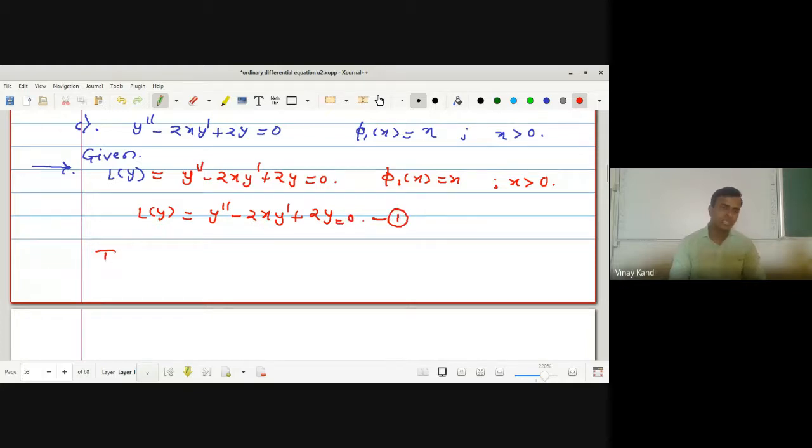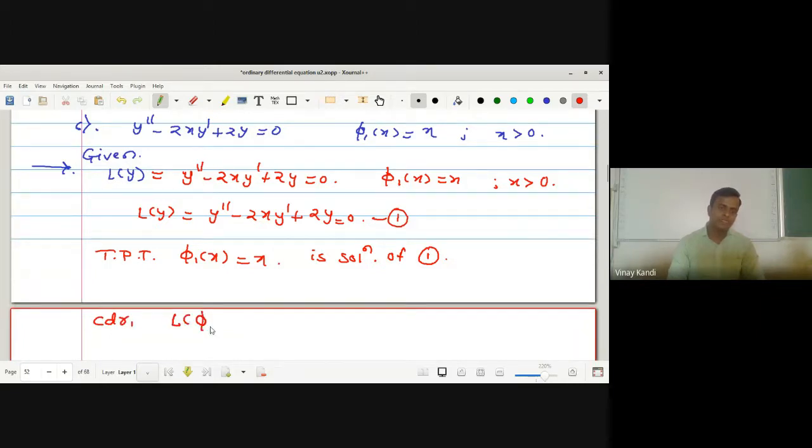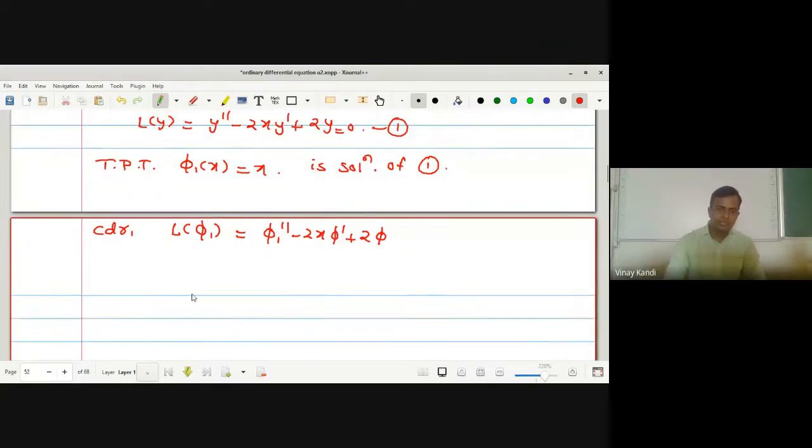To prove that phi 1 of x is equal to x is a solution of 1, consider L of phi 1 is equal to phi 1 double dash minus 2x phi dash plus 2 into phi, which is equal to L of x, is equal to x double dash minus 2x into x dash plus 2 into x.